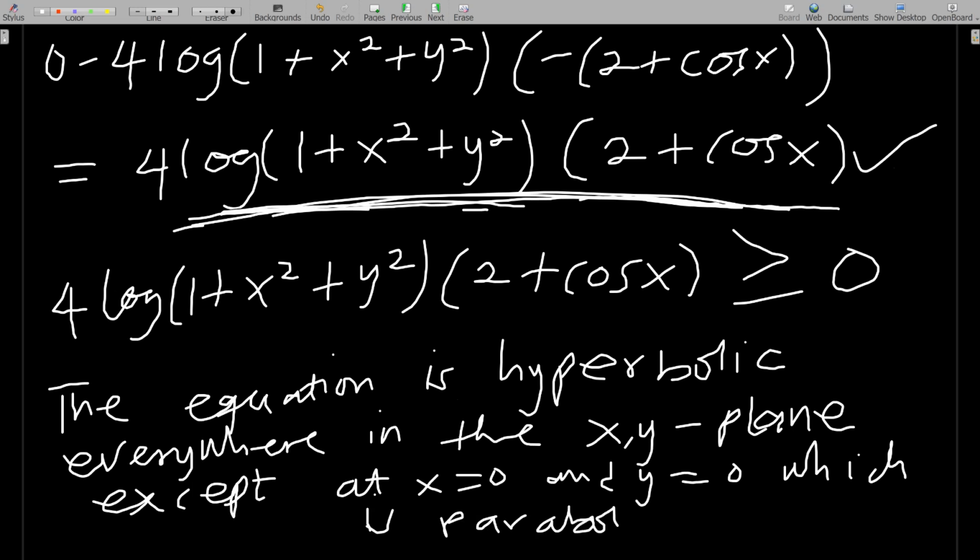Okay, because we say that at x equals 0 and y equals 0, we have the expression giving us 0, and that is parabolic. Okay, so that is how you conclude.